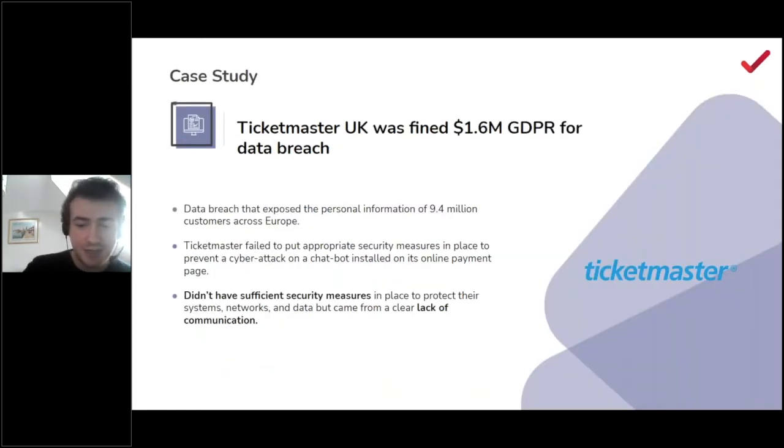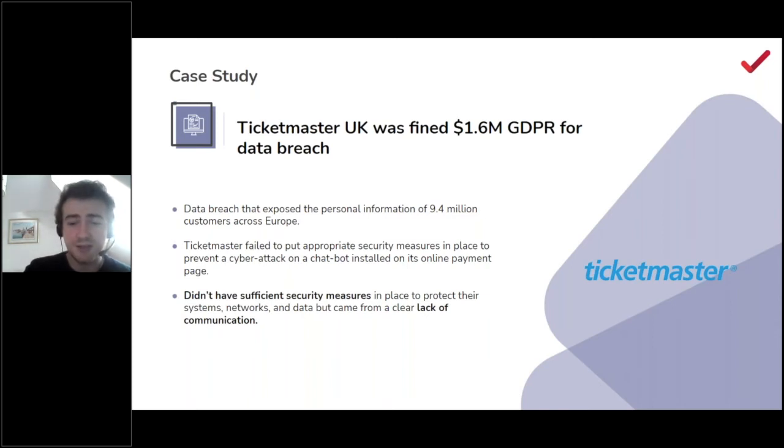So a big case study coming out of the UK, you may be familiar with the case, is Ticketmaster, the company that provides ticket sales and distribution. They were fined £1.25 million or $1.6 million by the ICO for failing to keep the personal data of customers secure.